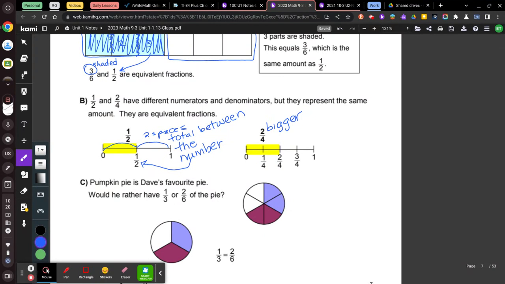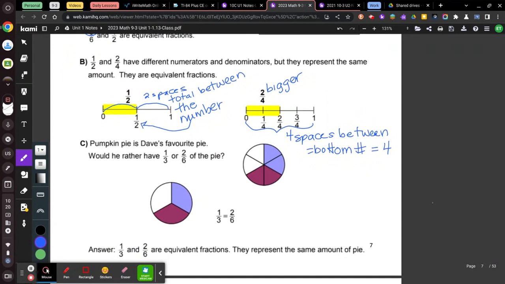This one has 4 spaces between. So since it has 4 spaces between, that means the bottom number equals a 4. That's why. So whatever amount of pieces you divide your object into, that's the total number on the bottom of your fraction.